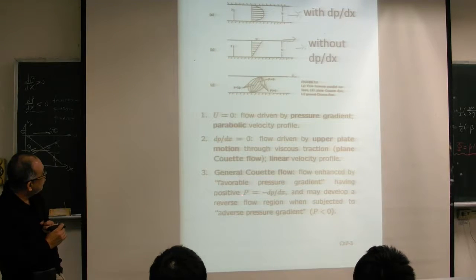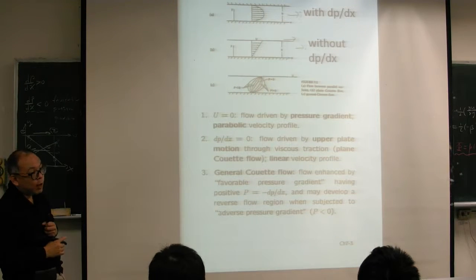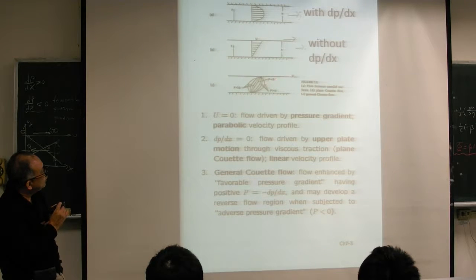If the pressure gradient has a positive sign here, the direction is the same between our u velocity and the pressure gradient, both pushing in the forward direction, meaning positive x direction. So our velocity profile is here. When our pressure gradient is equal to 0, that reduces to Couette flow, a linear velocity profile.